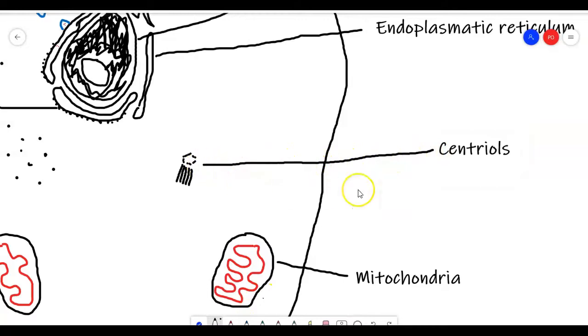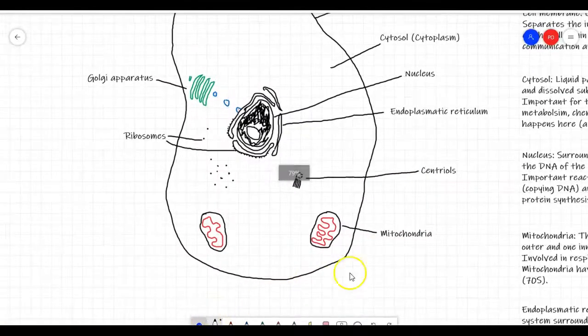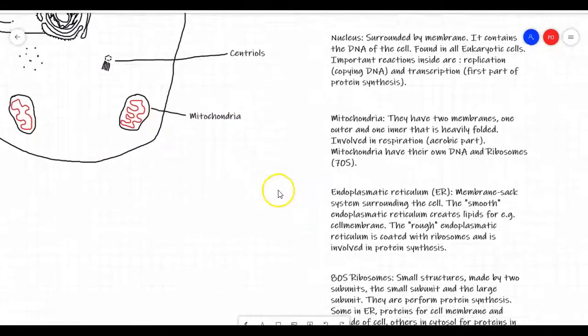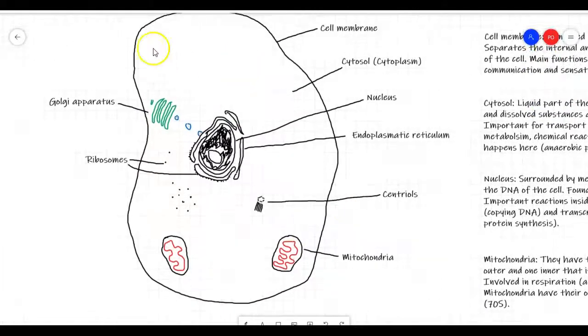So the centriole is very important for cell division. When the cell is about to divide, the DNA kind of condenses into visible chromosomes, and we send protein strands from this one to this, and it copies itself. So we have two of these. One goes over here, one stays over here.